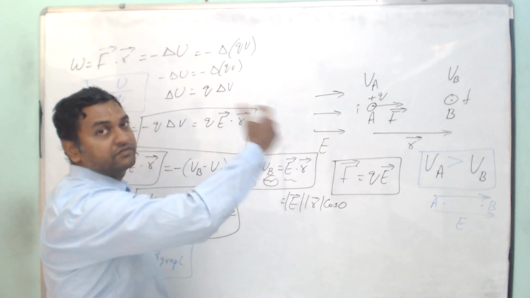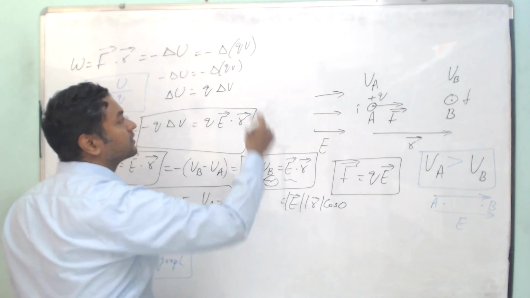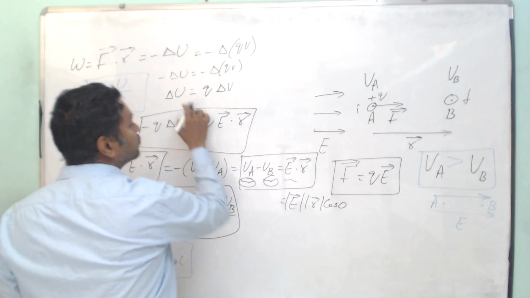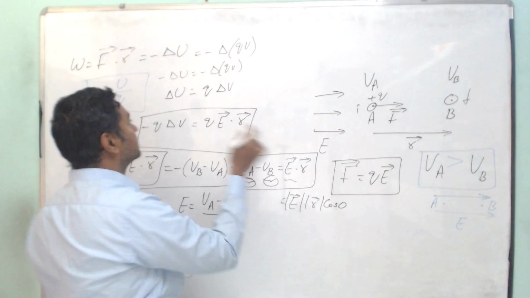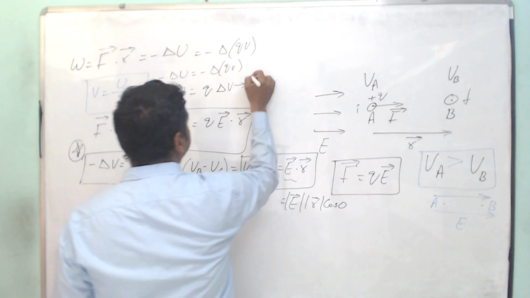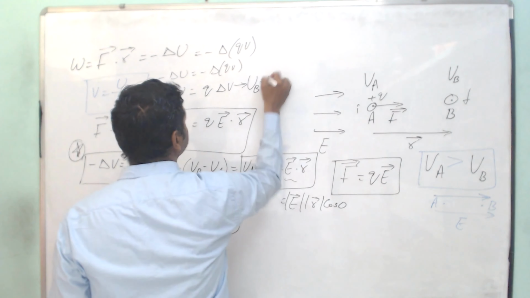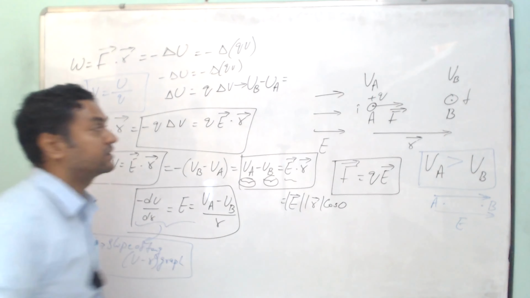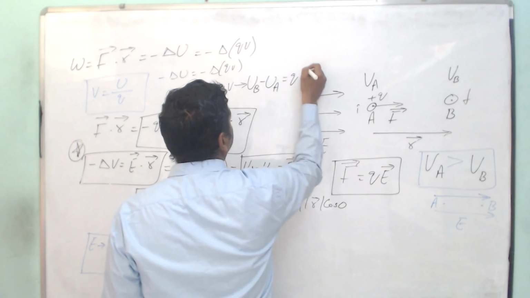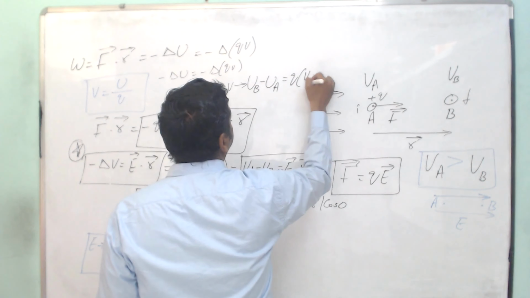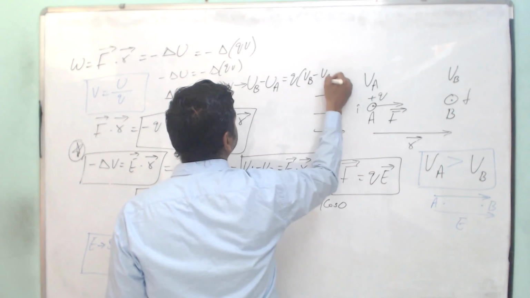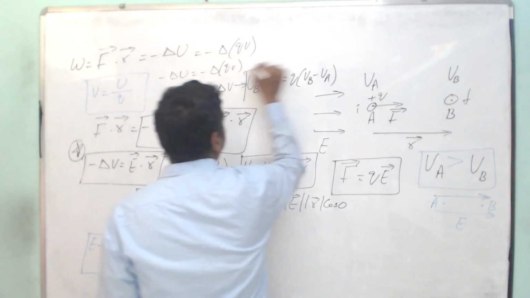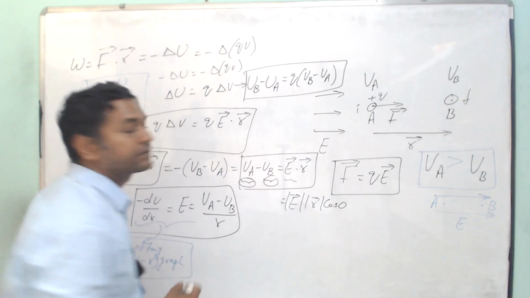Final minus initial, VB minus VA, right? And delta U is what again? UB minus UA. So simply from here I can write potential energy at B minus potential energy at A can also be written as Q times potential at B minus potential at A. Is this clear?